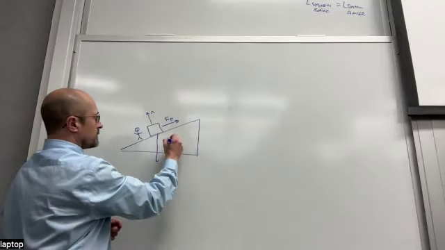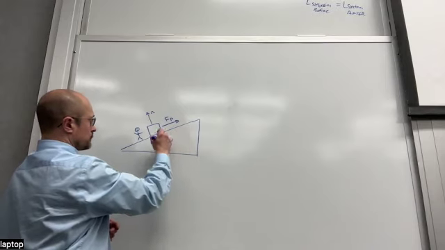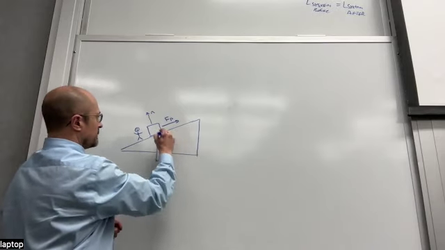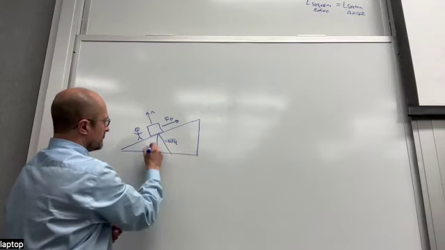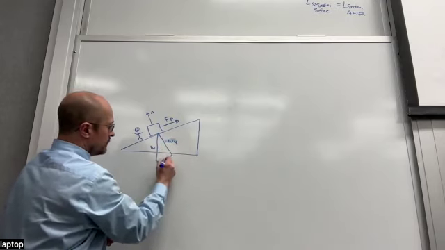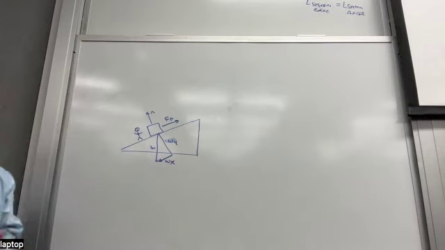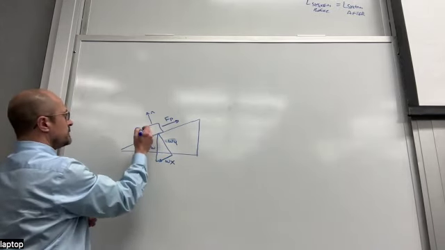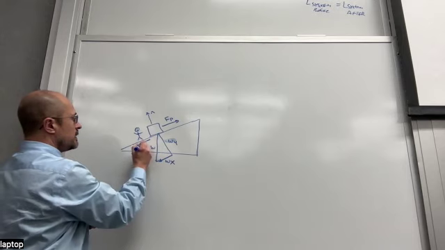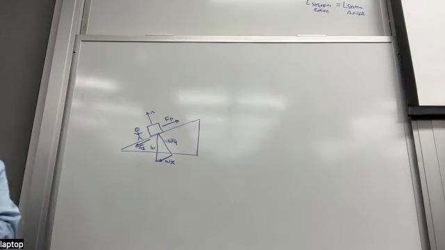Our weight vector works straight down. This is W, with WY and WX components. Then, because we're trying to break static friction, we have the force of static friction right there.